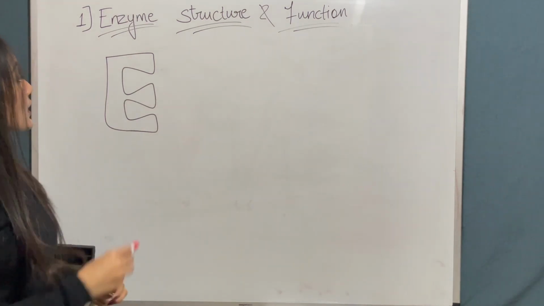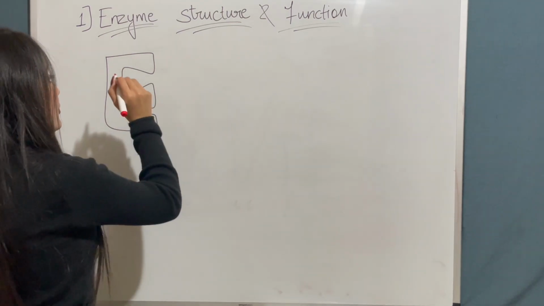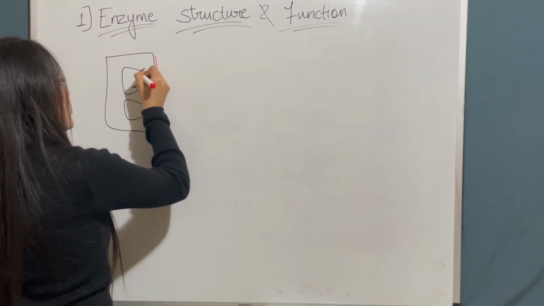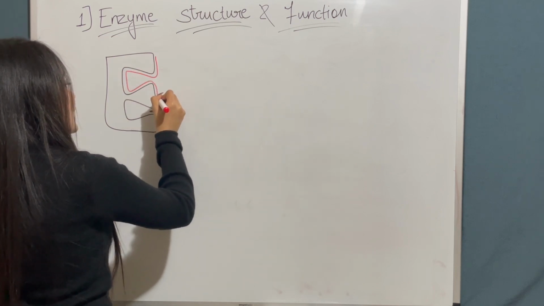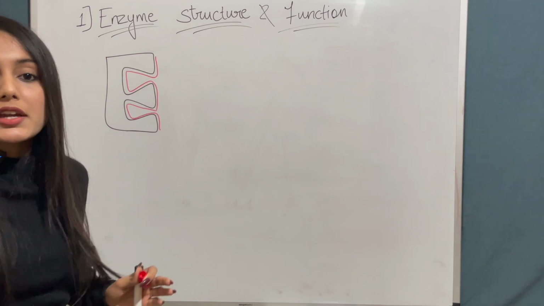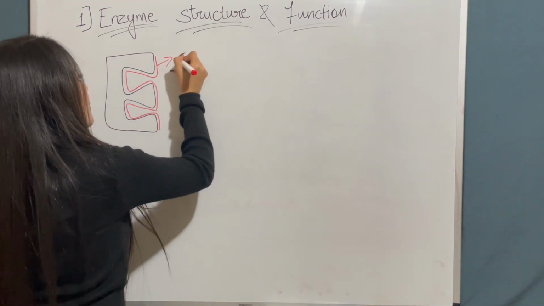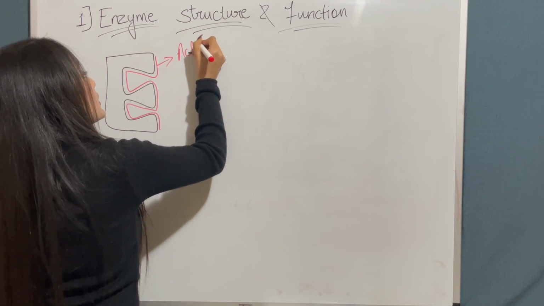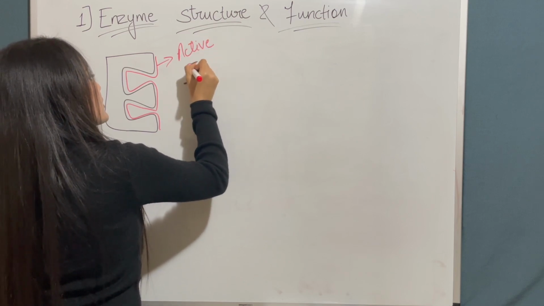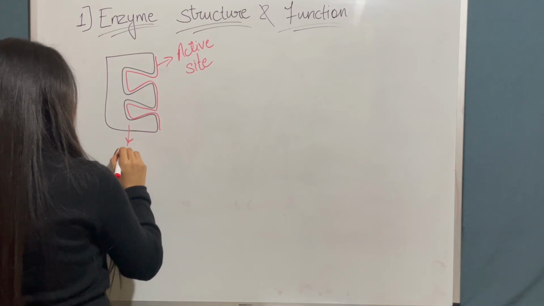Okay, so now considering this as the structure of an enzyme, every enzyme has a specific region. Only in this region the substrate is allowed to come and bind. So this is the hollow region where the substrate can come and bind, and this is called the active site. This is our enzyme.